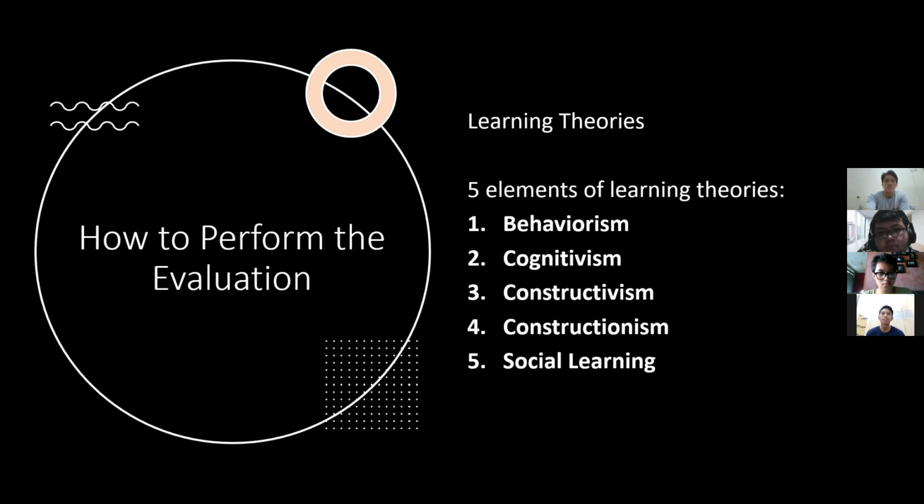As we can see, there are 5 elements of learning theories: behaviorism, cognitivism, constructivism, constructionism, and social learning. For example, the tool that can be used for behaviorism is Kahoot, because behaviorism means students learn by responding to an external stimulus. Kahoot is one of the best tools to stimulate students' learning through quizzes.